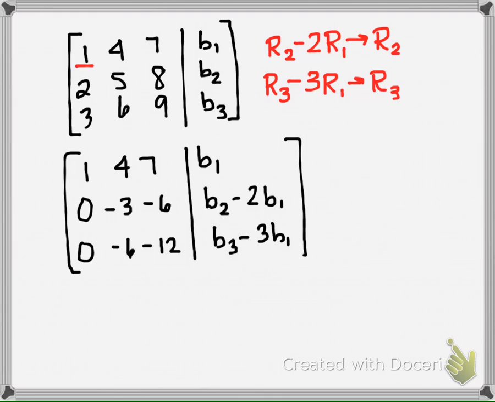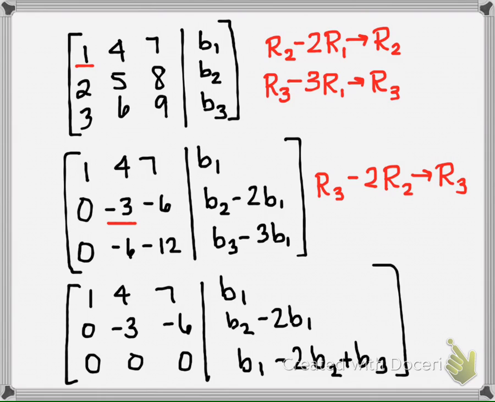We see that we're going to get a leading one in that second column, so we want to get zeros beneath it. So now I'm going to replace row 3 with row 3 minus 2 row 2. And if I do that, I'm going to get the following matrix. Okay, so here we are. This is the matrix we get.